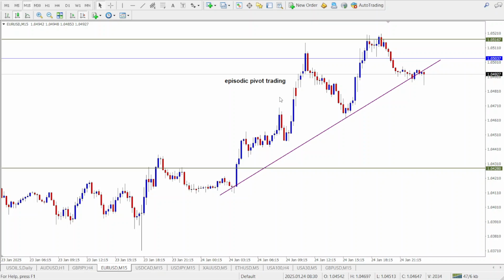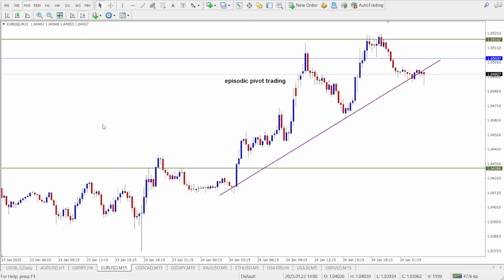Now, let's quickly get into the practical side: how to set up episodic pivots on your charts. Most trading platforms like MetaTrader, this is MetaTrader 4, or TradingView allow you to customize pivot points or use specific indicators designed for this purpose. Here's how you can do it real quick.